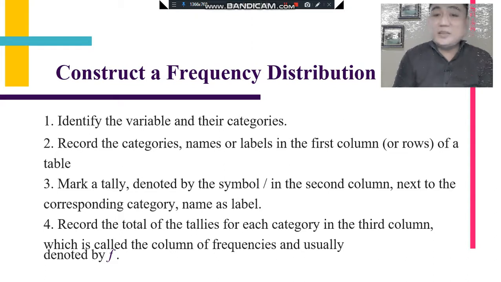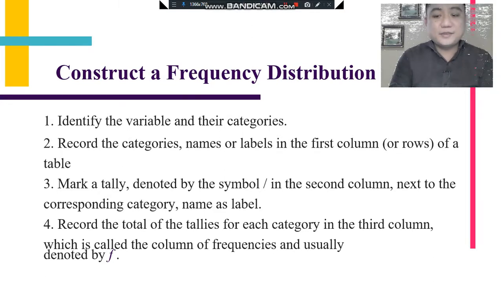Mark a tally denoted by the symbol slash in the second column next to the corresponding category name or label. And lastly, record the total of the tallies for each category in the third column, which is called the column for the frequencies and usually denoted by letter F.